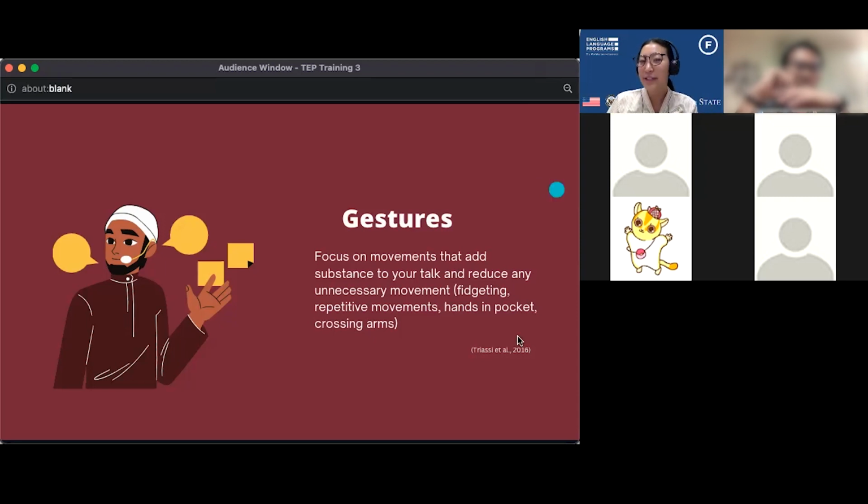So, how do you add movements and gestures that are going to be meaningful? I actually give my students some examples, right? I tell them you can compare two ideas, right? So Japan versus the US.